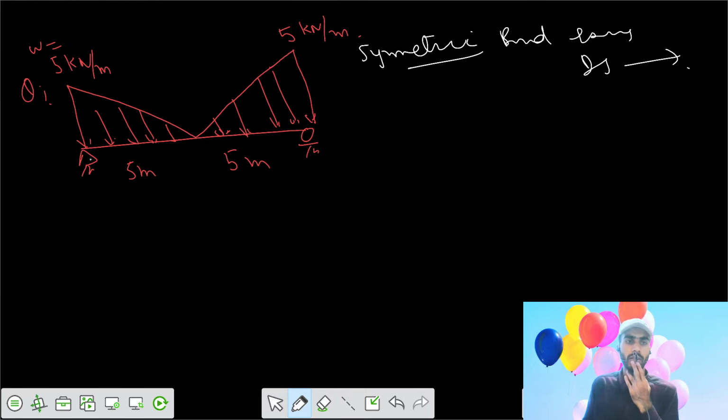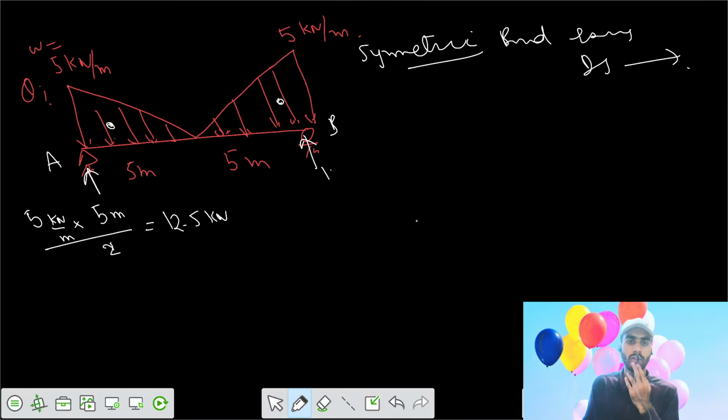If you calculate the reactions, now this question is similar to the previous question, so we can say that centroid here and centroid here, we can get the reaction A and reaction B equals W into that length L by 2, area of that triangle. That comes out to be 12.5 kilonewton, and this is also 12.5 kilonewton.